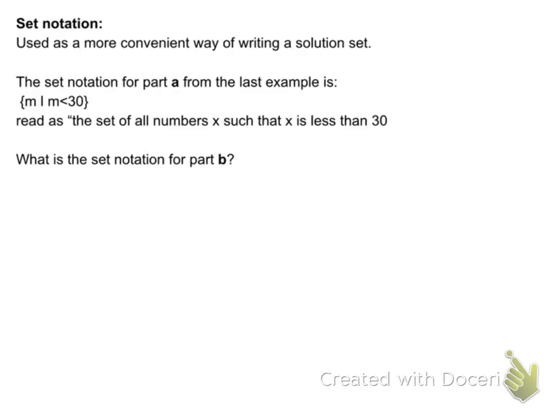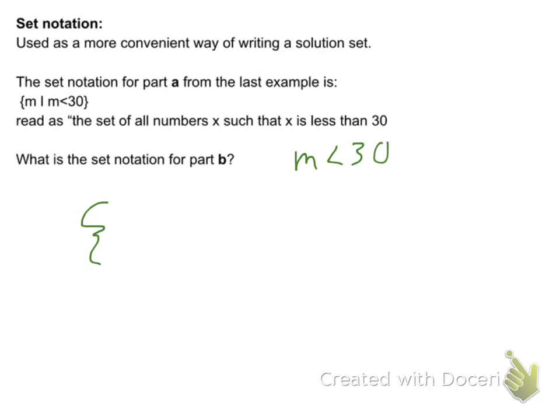Going back to this slide that I skipped over. Guys, it's set notation. Set notation is just basically making brackets and making a straight line in it. So you always start off with a bracket, and then you define the variable that you have. So in the last problem, we had a problem that said m is less than 30.